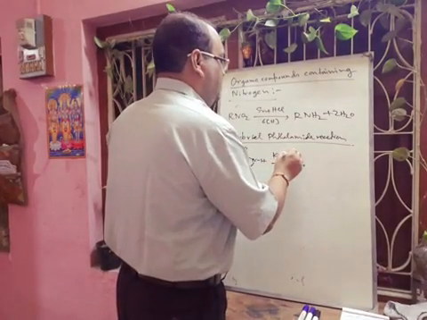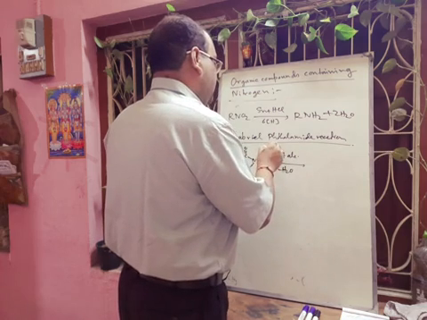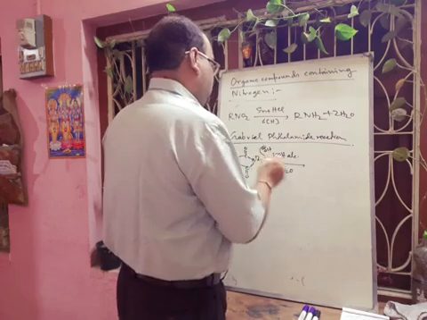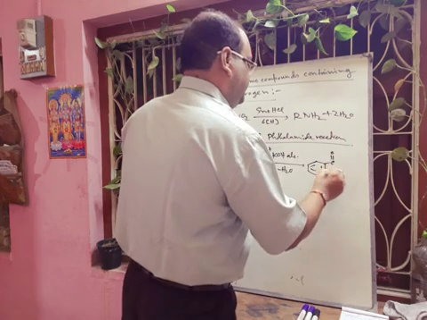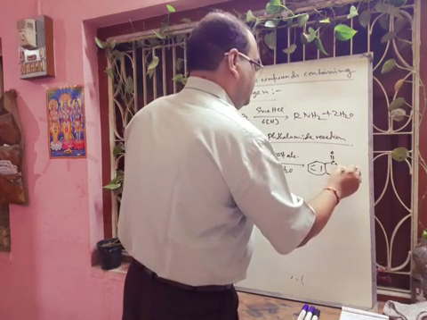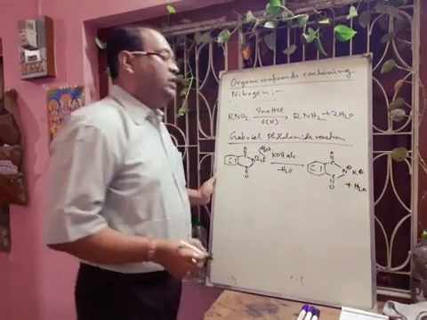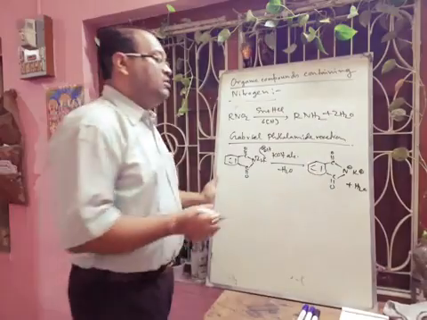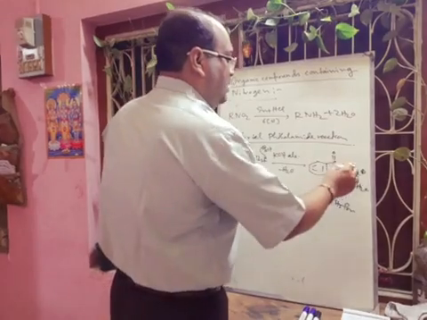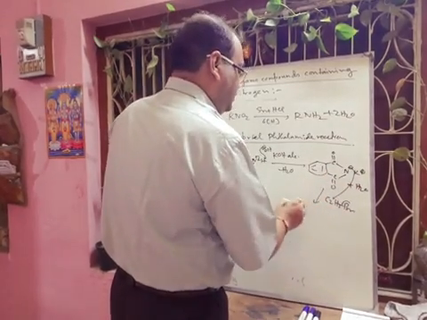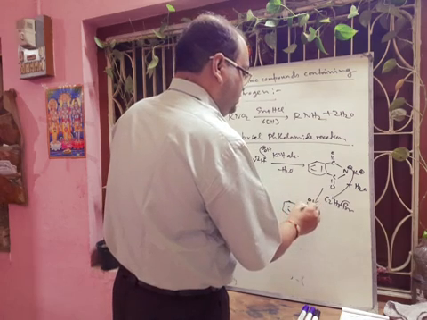If we give alcoholic potassium hydroxide, there will be elimination of water, this proton will be taken by the OH minus ion, and we will get the corresponding potassium phthalimide. In the next step, we give the corresponding alkyl halide, say C2H5 here. Then there will be an SN2 reaction, and the alkyl group gets attached to this nitrogen.